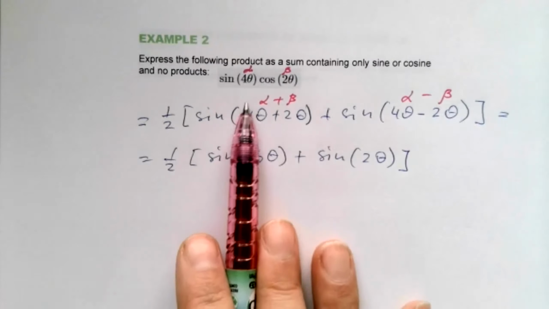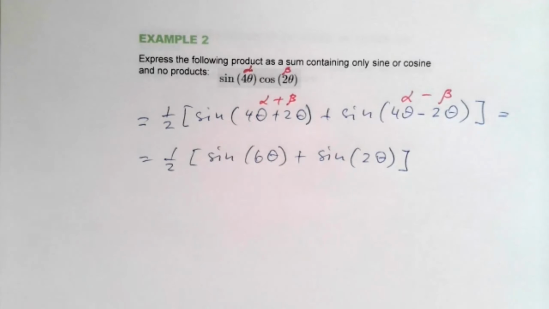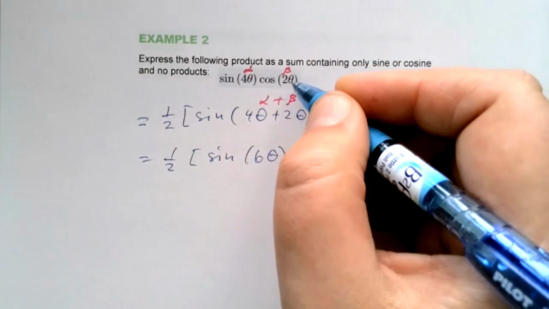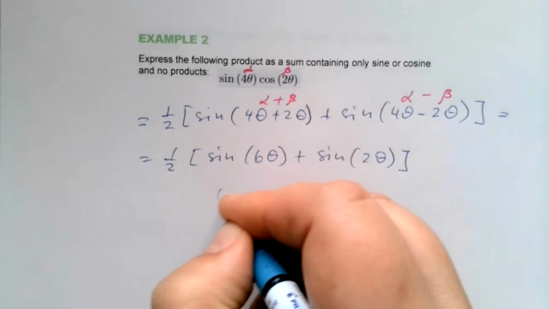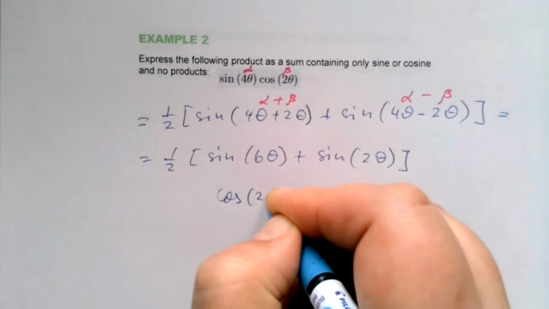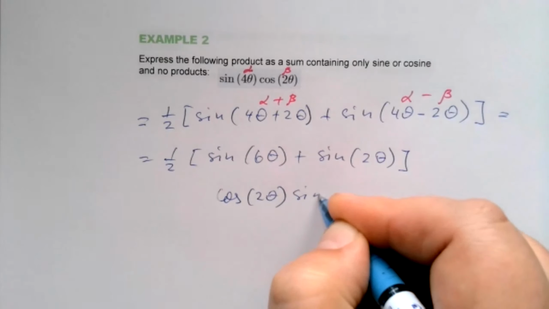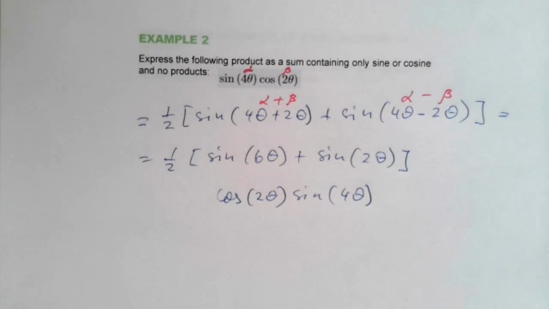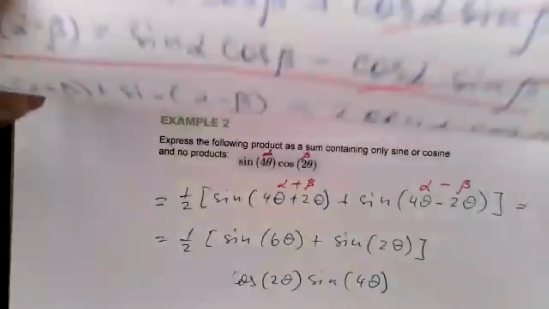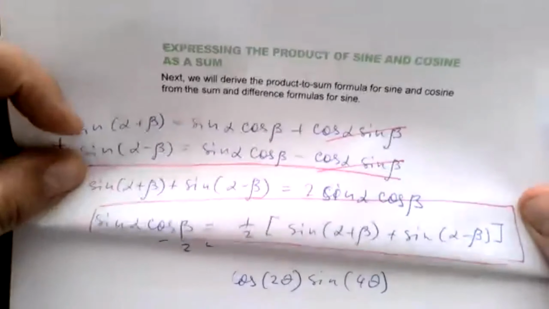But when you see something like this, let's say that instead of sine 4 theta cosine 2 theta, they wrote cosine 2 theta sine 4 theta.